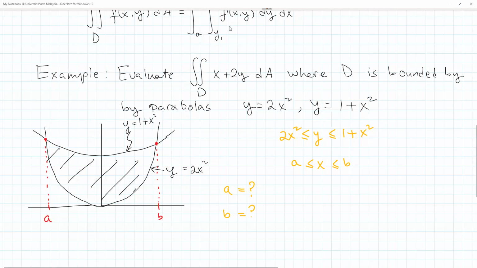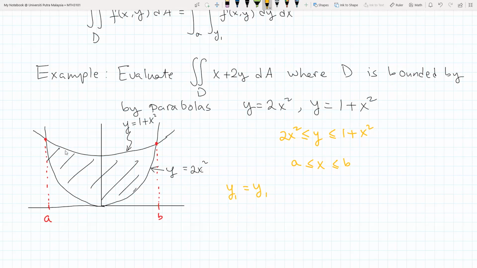So kita cuma boleh buat Y1 equals to Y2, sebab dekat sini dia bertemu line dia. So kita kata 2X squared equals to 1 plus X squared.